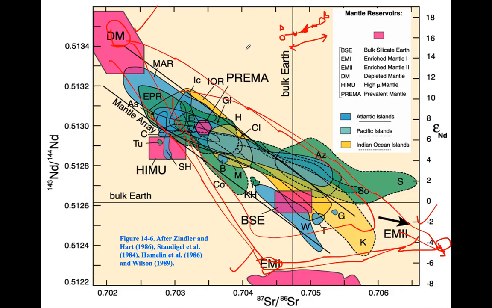Okay, this binary mixing can happen, for example, between DM and EM. So in this region, if you have samples, you can explain their chemistry by using this type of binary mixing. For example, here, DM and this component somewhere here.